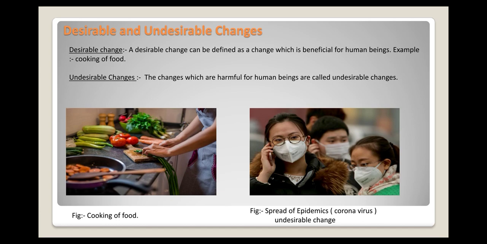When we cook food, it benefits us, because it gives us energy. Undesirable changes are the changes which are harmful for human beings, like any kind of epidemic, such as coronavirus. Nowadays, spreading of coronavirus is a kind of undesirable change. So these are the changes which come under desirable and undesirable changes.